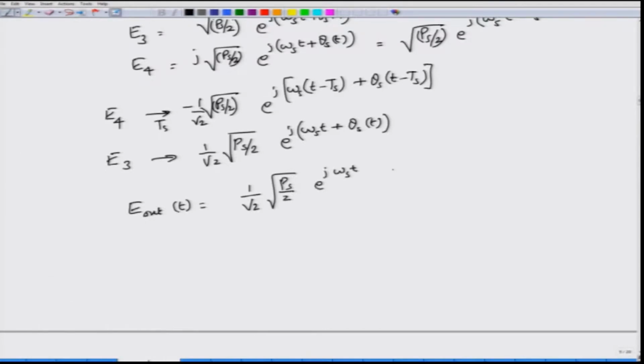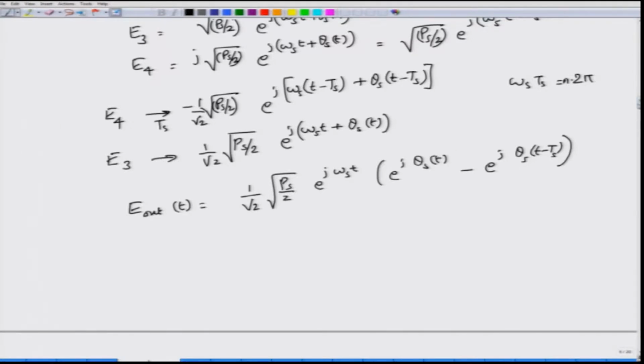So, I can pull that one out, and what I get is e power j theta s of t minus e to the power j theta s of t minus Ts, which is the phase difference 1 symbol period earlier. This constant value omega s into Ts, I can choose to be some integer multiple of 2 pi, so I can remove that from consideration. So this would be the electric field that I am going to get.